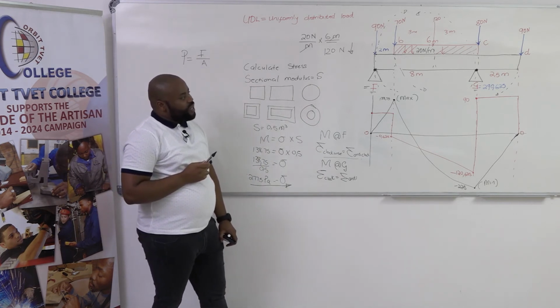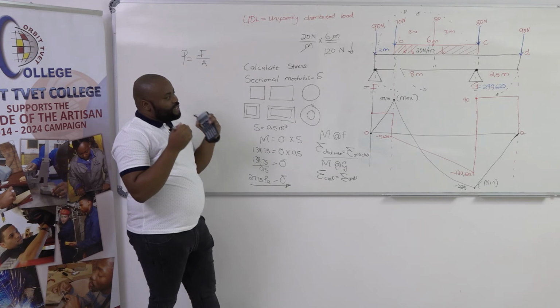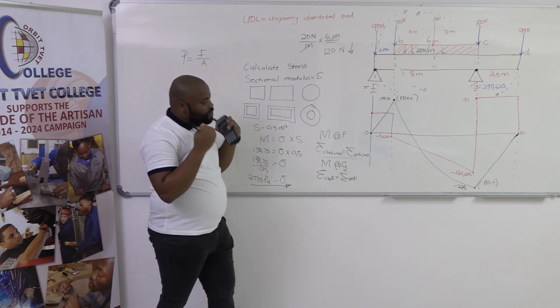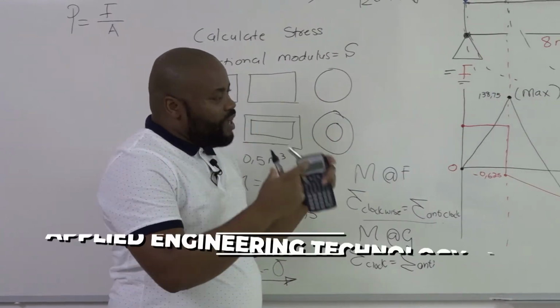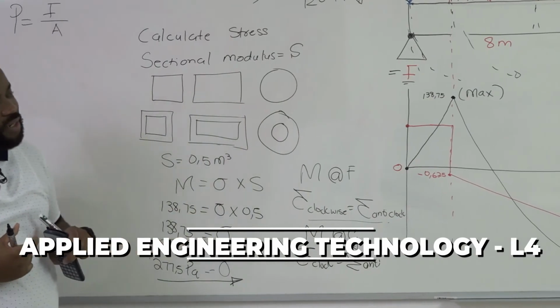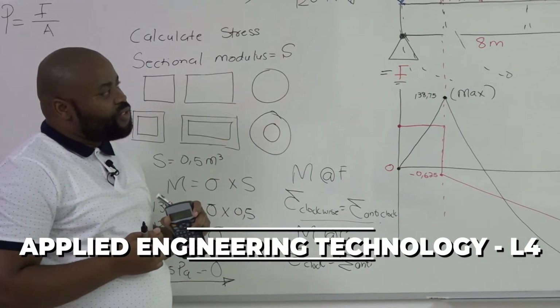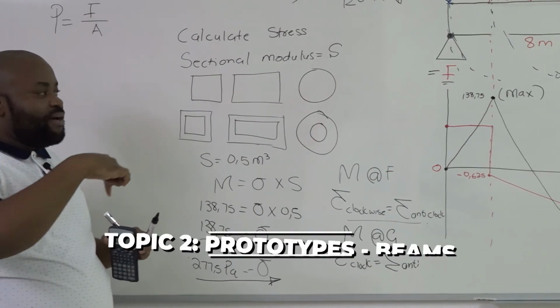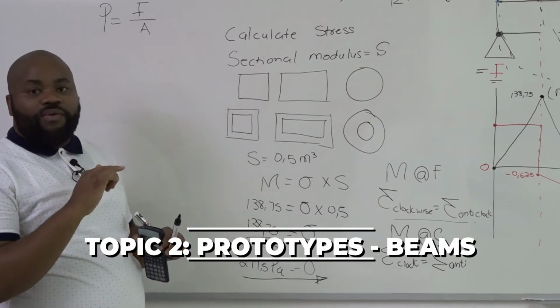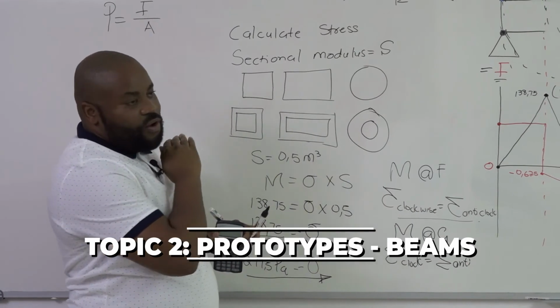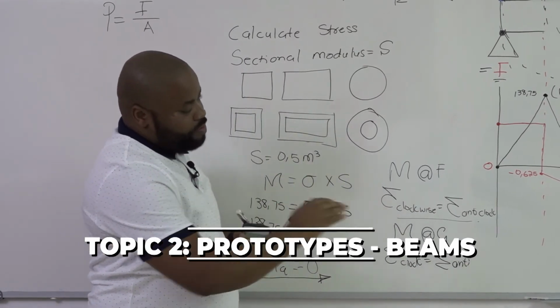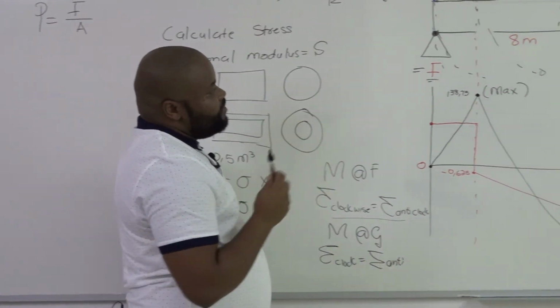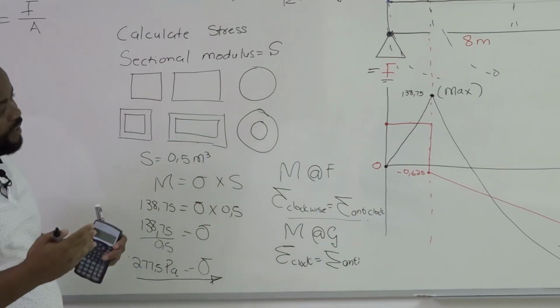But now, because we have a UDL, it is critical to remember that when we are dealing with a uniformly distributed load, we're going to slope, because it is no longer a point load that will either go up or down. That is information that you need to remember.